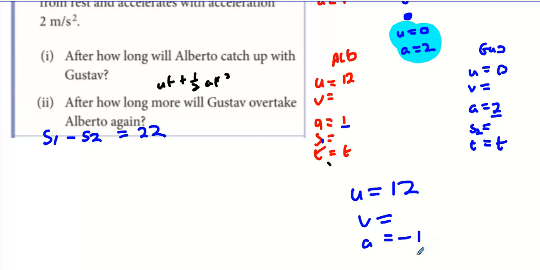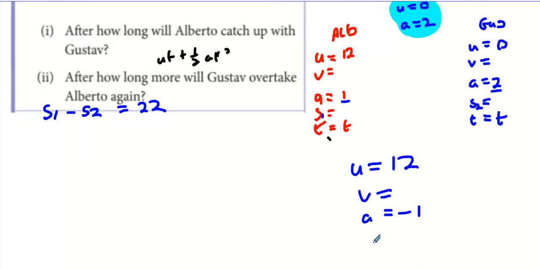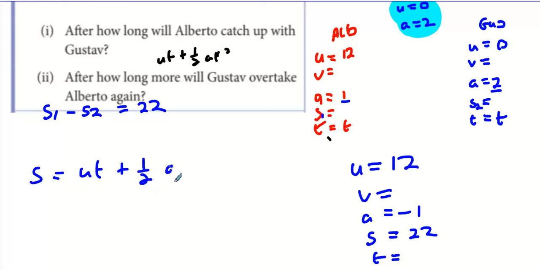Everybody got that? What's our S value? He has to make up 22 meters on the stationary Gustav. Gustav's not allowed to move. Okay? And look what happens when I do it this way. We're looking for the T value, aren't we? S equals UT plus a half AT squared. 22 equals 12T minus a half 1 times T squared. And guess what?